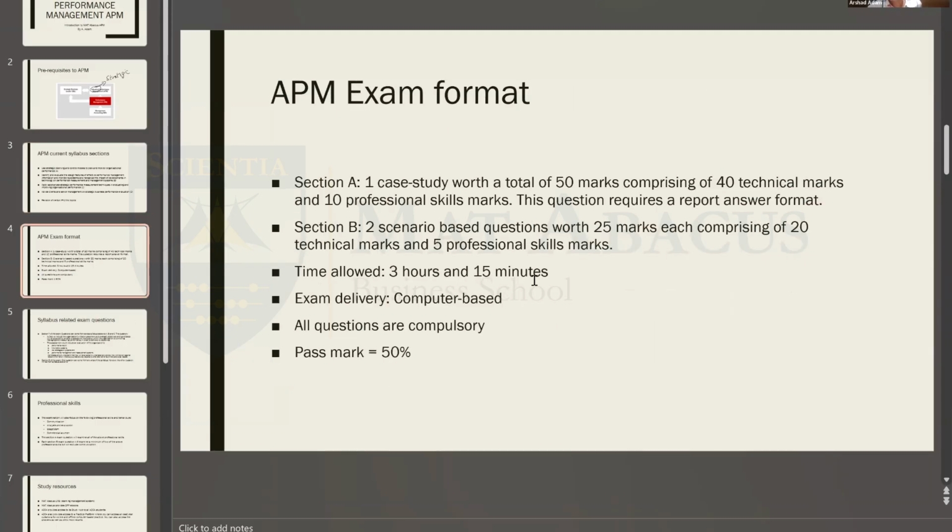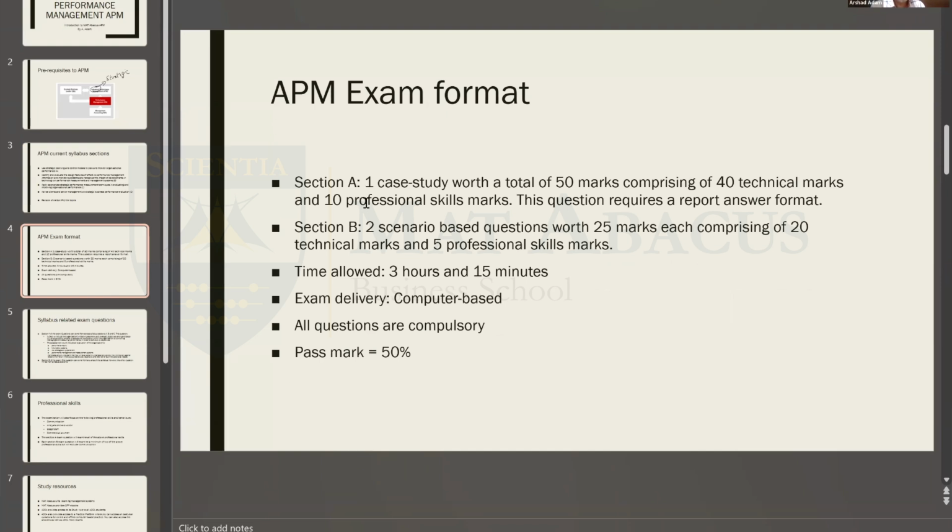The exam format is similar across the board on all these optional papers, whether it is AFM, APM, etc. You got one big case study of 50 marks. And the answer for this is in report answer format. And here you have 40 technical marks to gain and 10 professional skills marks.